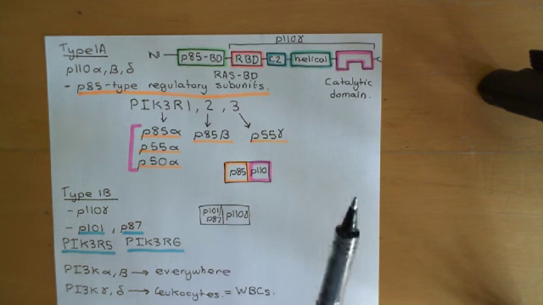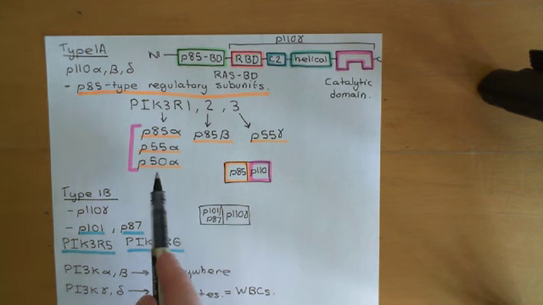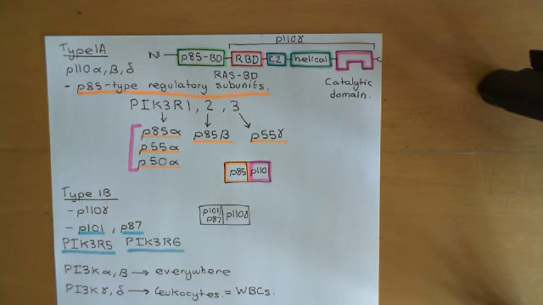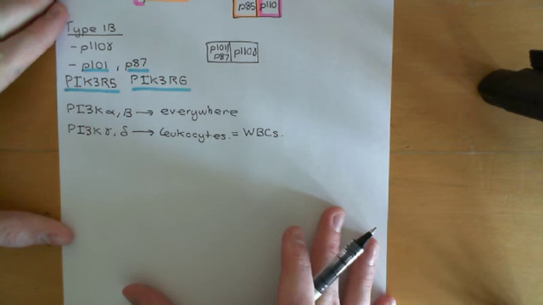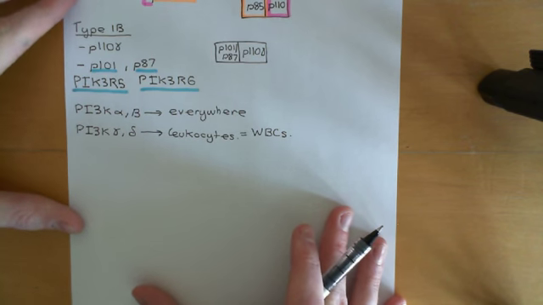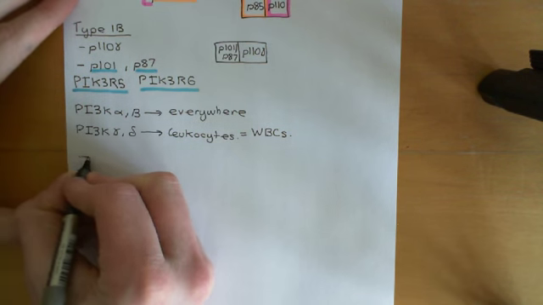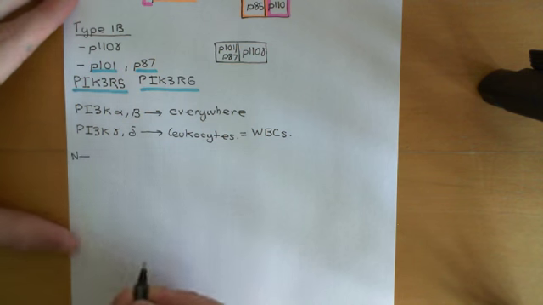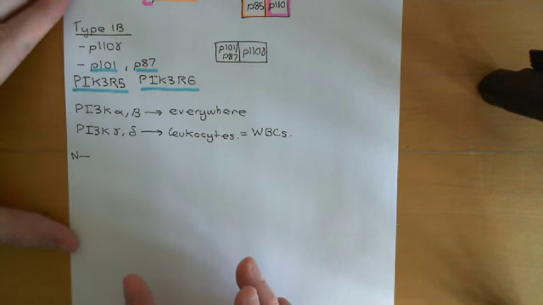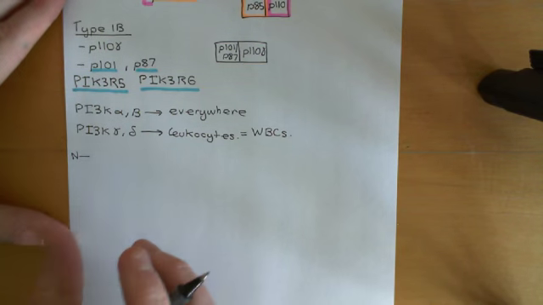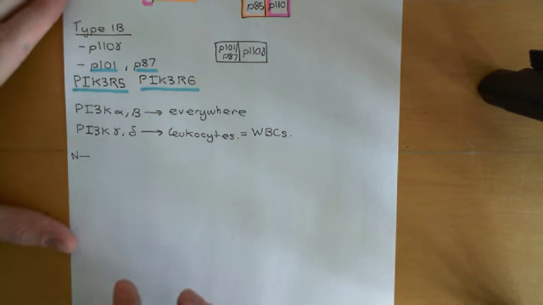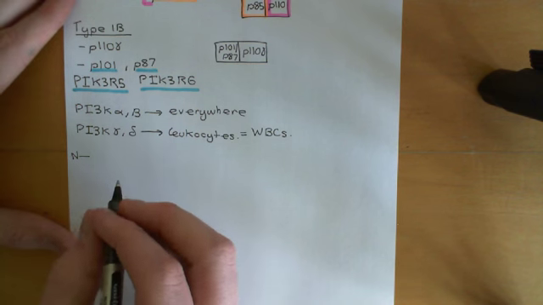Obviously P50 is going to be smaller, but it doesn't lack any of the important domains that P55 alpha and P55 gamma have. Okay, so we can summarize those two together. So I think I'll go down here to show you the structure of a P85 type regulatory subunit. Okay, so this first portion that I'm about to put here obviously isn't essential for the function, because this is the portion that is only going to be there in the P85 alpha and the P85 beta, but not the smaller ones. Okay, right.